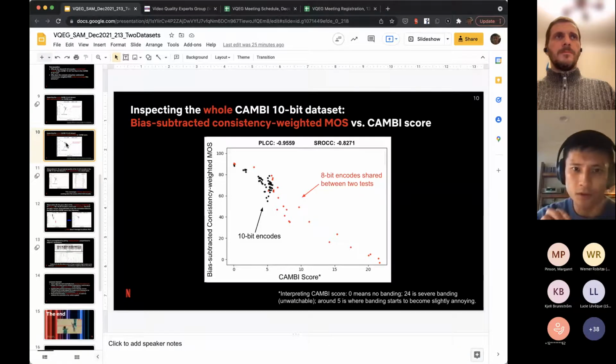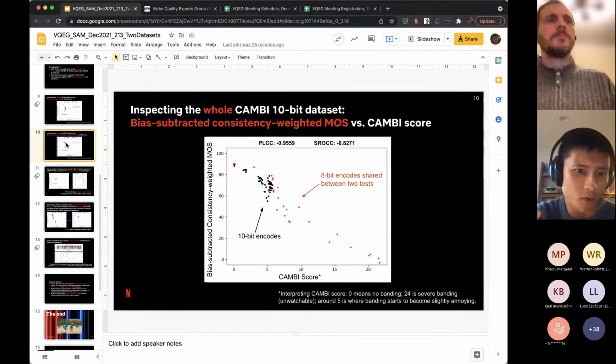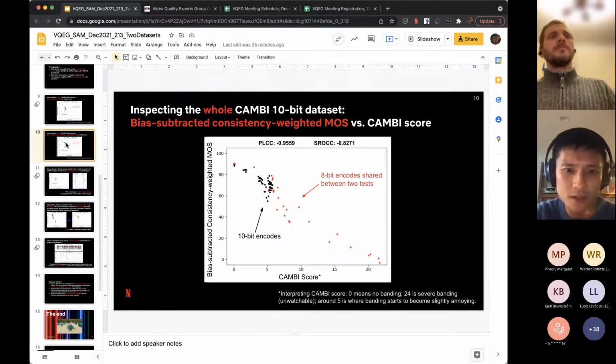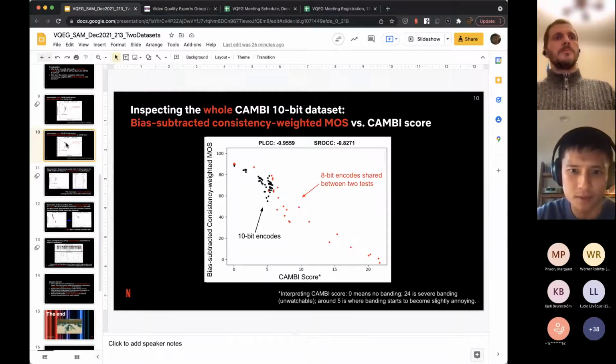What's shown here is for the entire 10-bit data set. I haven't visualized any of the 8-bit because the behavior of the 8-bit data set is pretty benign. So what's showing here is all the points for the 10-bit data sets, but some of them are 8-bit, which also overlaps with a subset within the 8-bit data set. Does it make sense? Yeah, I think so.